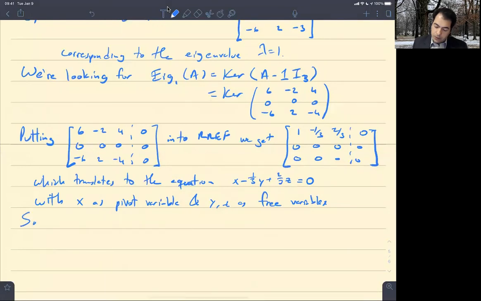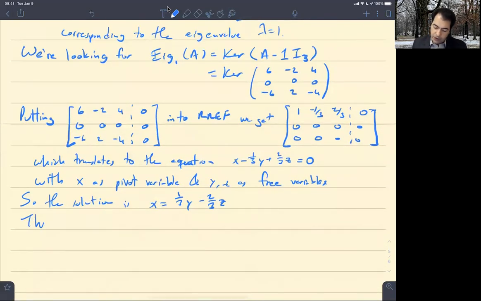Right, so the solution is to set x equal to 1/3 y minus 2/3 z, right? So you want to write the pivot variables in terms of the free variables.